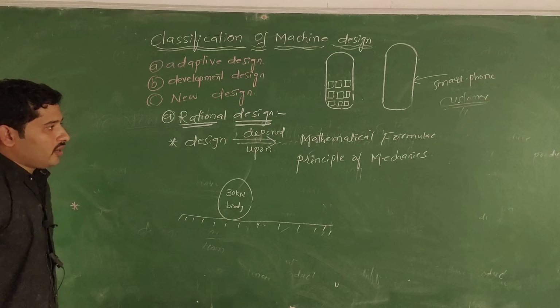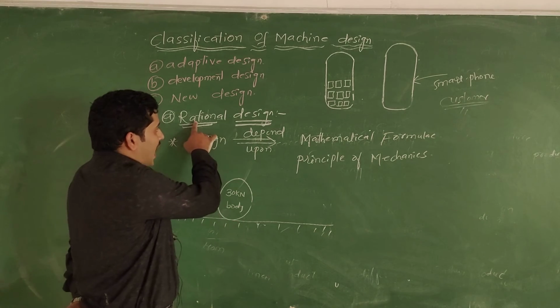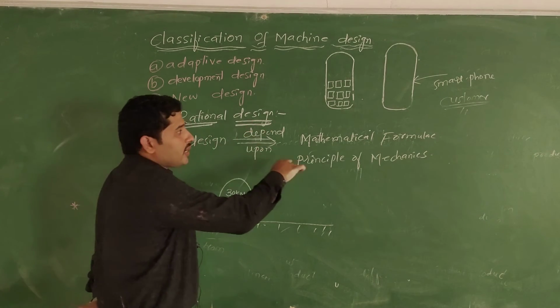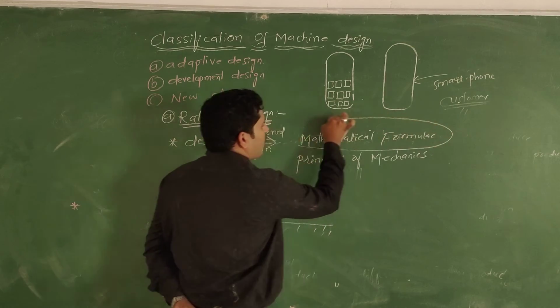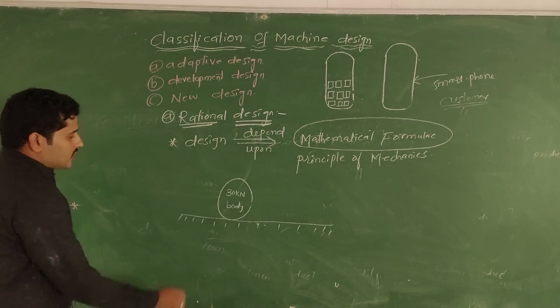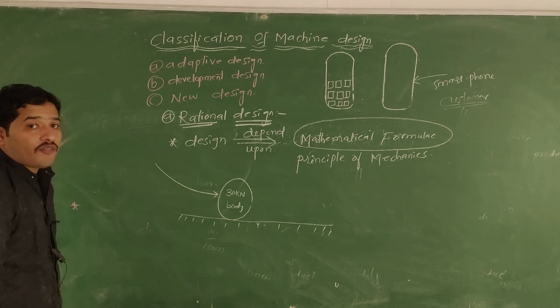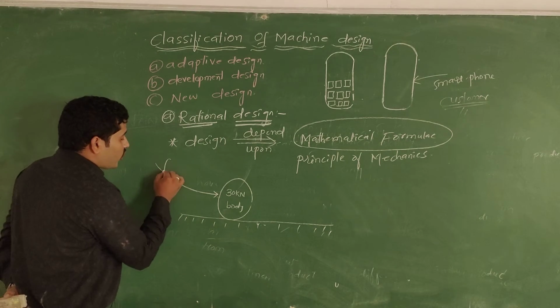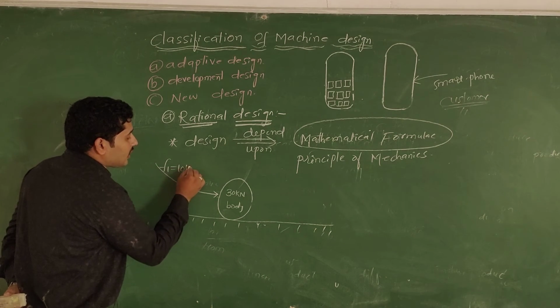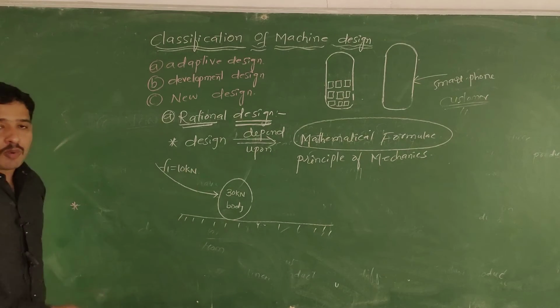What I am doing here, this design is completely depending upon the mathematical formula. So let us see over here. The first thing is we are applying some amount of external force. We apply 10 kilonewton on this body.